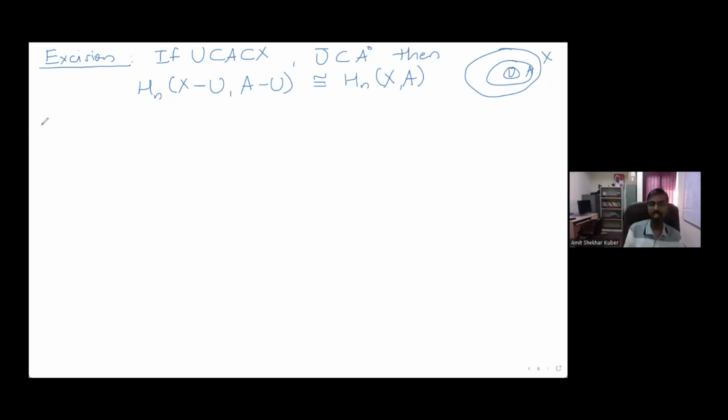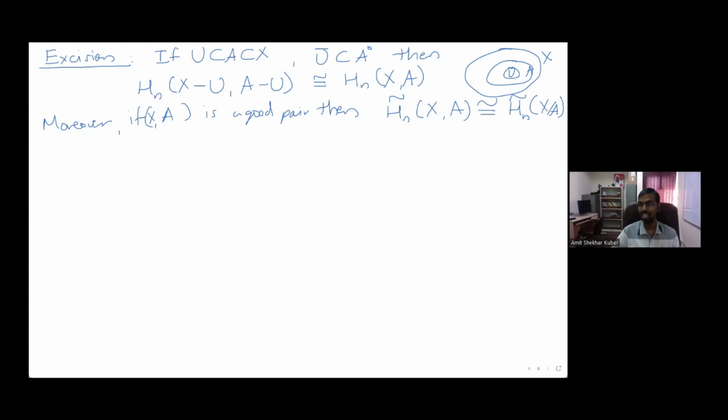Moreover, if A is a non-empty closed subset, which is a deformation retract of an open neighborhood in X, then Hn tilde of X comma A, the reduced homology, which only changes at the 0th location, is also isomorphic to that of the quotient space X by A. So this is one result.